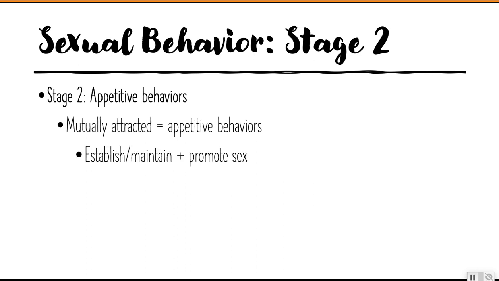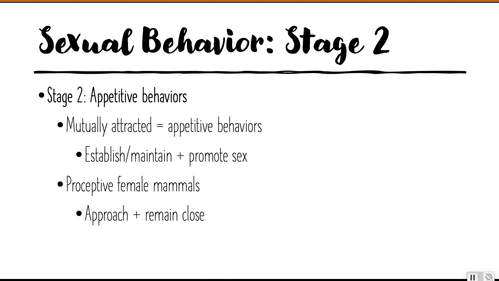Appetitive behaviors are behaviors that establish, maintain, and or promote sex happening. When female mammals are proceptive, that means that they are going to approach males and they are going to remain close to those males.